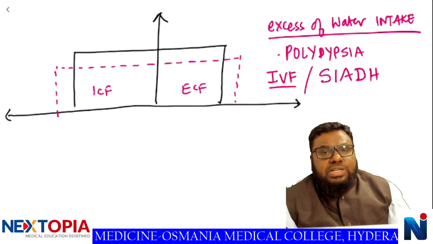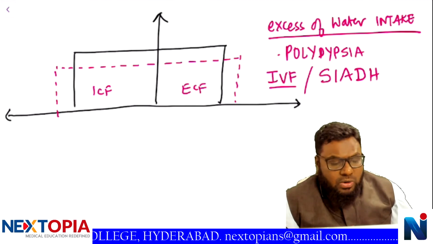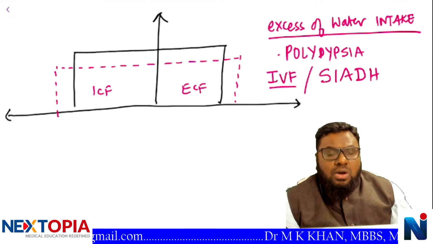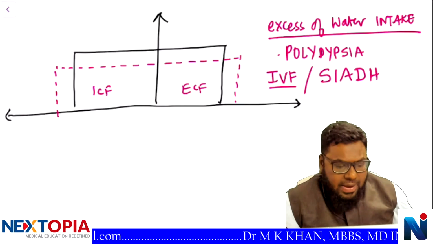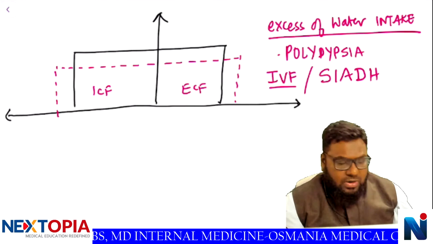Let us suppose a patient shows an increase in the extracellular volume without any change in the osmolarity, without any change in the concentration of the solute, and without any change in the volume of the intracellular compartment. For example, I'll draw a diagram like this and show you.